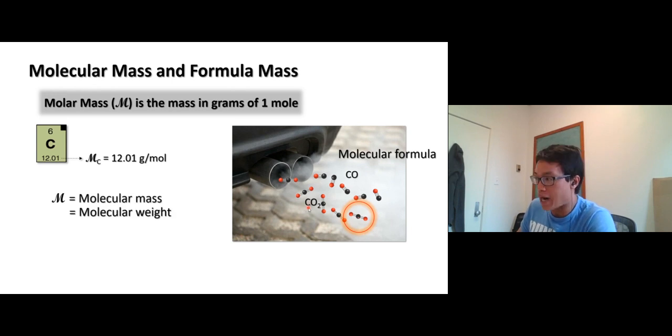For example, in a molecule of carbon dioxide, there is 1 carbon and 2 oxygen. Same thing, carbon monoxide, 1 carbon, 1 oxygen. So we use the molecular formula to represent the molecules of a covalent compound. That's why we have the words molecular mass or molecular weight. These are the same thing: the weight of 1 mole of a covalent compound.